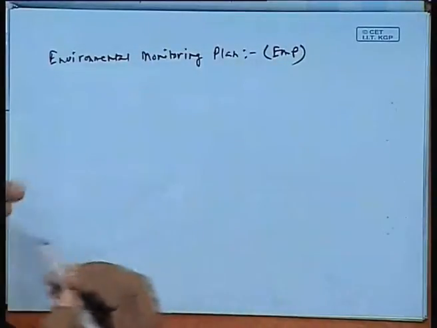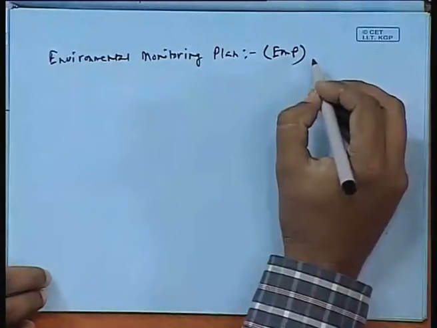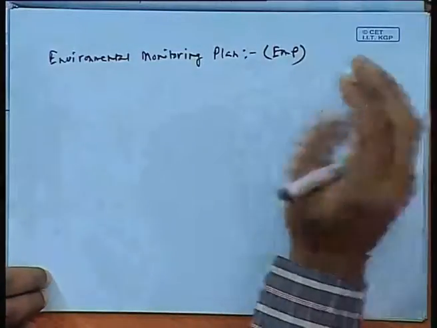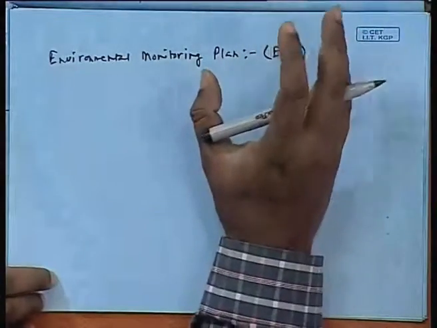This also has to be supplied, and these two things have to be supplied to the Ministry of Coal, Ministry of Environment and Forest, Ministry of Industries, sometimes the Ministry of Commerce might also ask for it. So there may be various state agencies that they would ask for. We now know by EIA that these are the likely impacts going to take place. So how are we going to reduce or minimize the damage? That is your environmental monitoring plan.